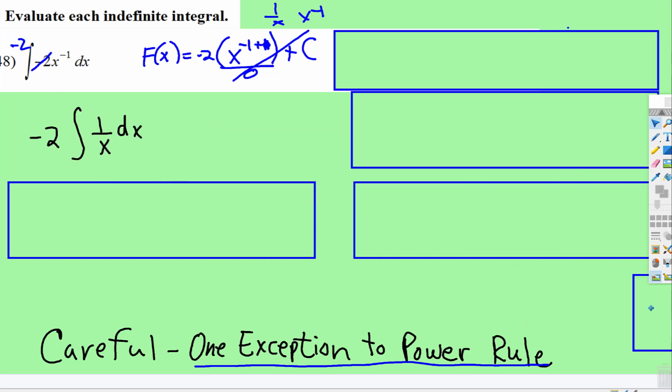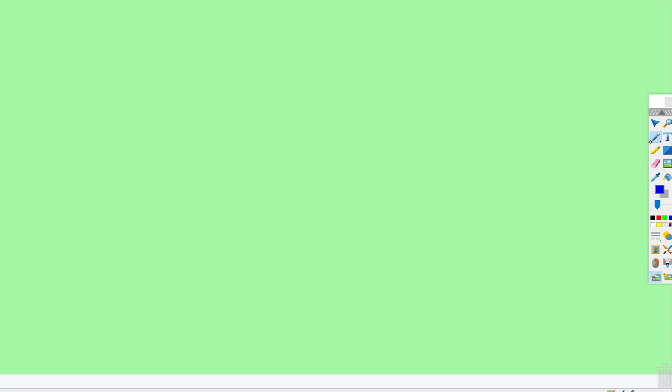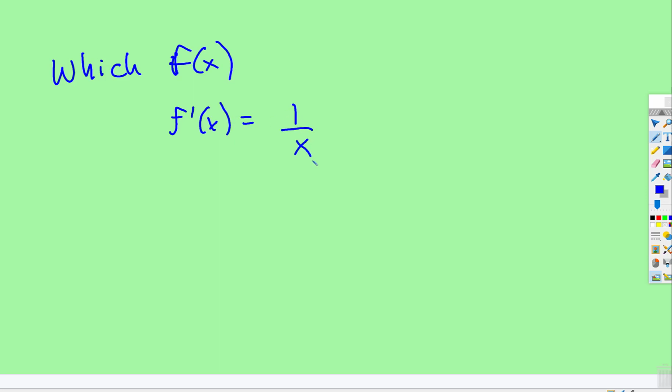So this is one of those things you're going to have to remember. And one good way maybe to do that is ask yourself which parent function, or which function's derivative, is 1 over x. Do you remember? ln of x.